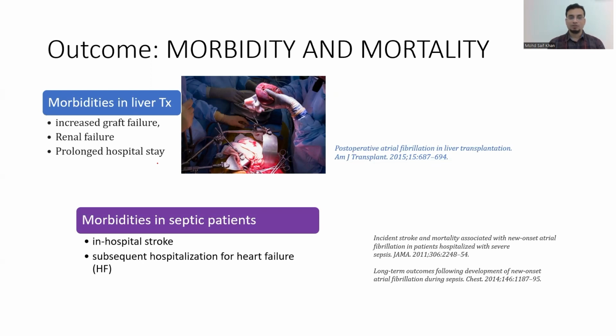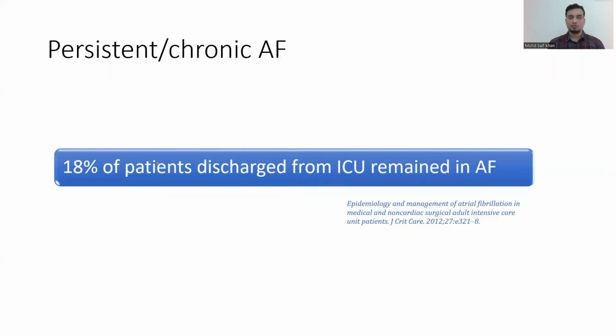So these are important morbidities related to atrial fibrillation. Patients who develop new onset atrial fibrillation in ICU can go on to develop persistent or chronic atrial fibrillation; about 18% of patients discharged from ICU remain in atrial fibrillation, according to research published in 2012.